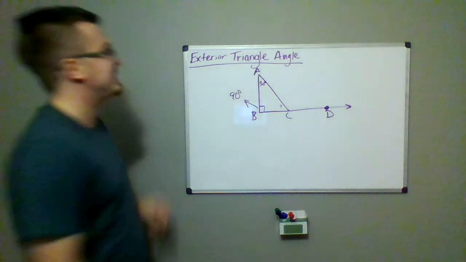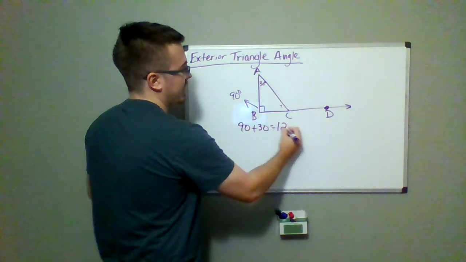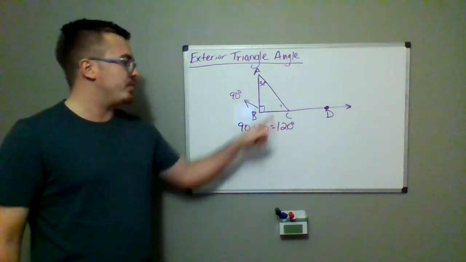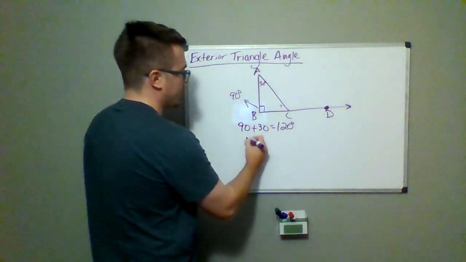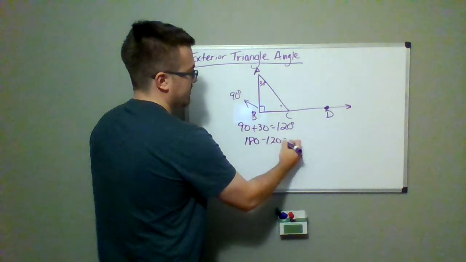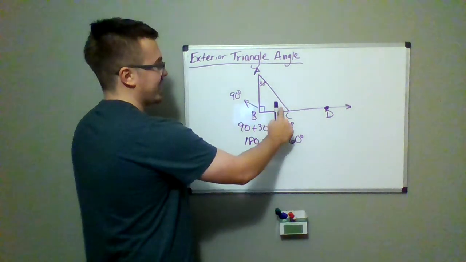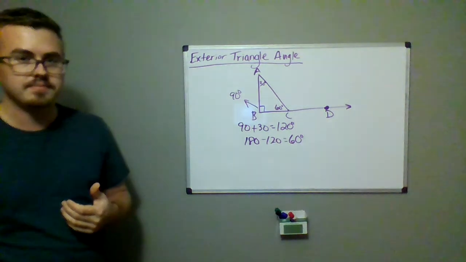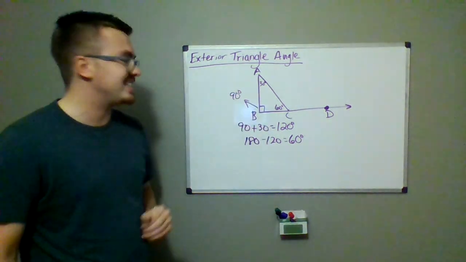So if I add these together, if I do 90 plus 30, that's going to give me 120 degrees. What could I then do to find that missing angle? Well, I would just take 180 degrees, subtract 120, and it's going to give me 60, which means that my missing angle in here is 60 degrees. So my angles inside the triangle: 90, 30, and 60.